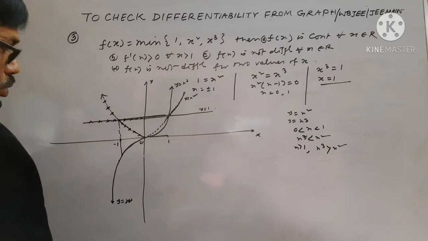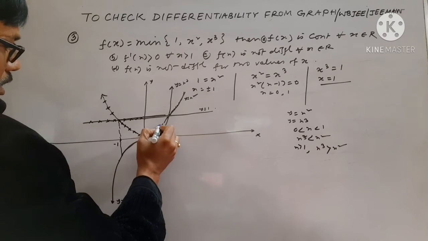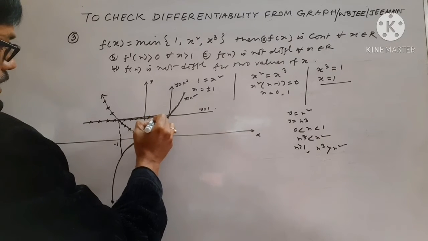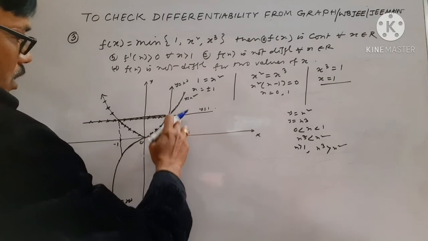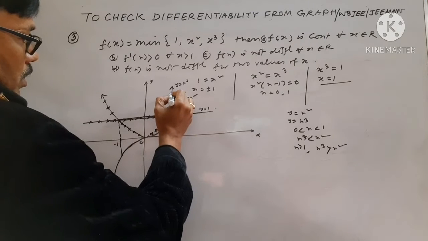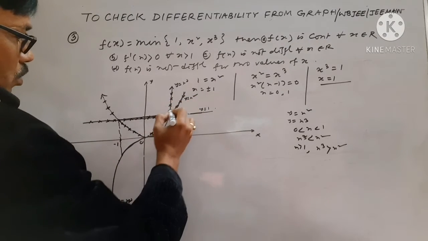Then this is y equals to x cube. This part is cancelled out. This part is cancelled out. And y equals to 1, x square, this. So this is minimum. So this part is cancelled out. This part for greater than 1.